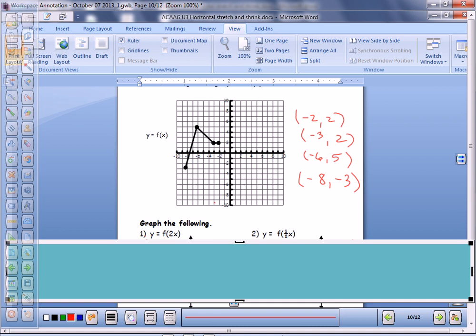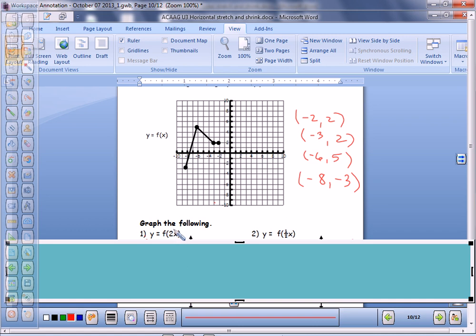Do we multiply the y's by 3 or the x's? I mean, y's by 1/2? It affects the x. It's grouped with the x. The x's, not the y's. These numbers are grouped with the x, so it's going to affect the x. I just think that, because of y equals, that's what trips me up.